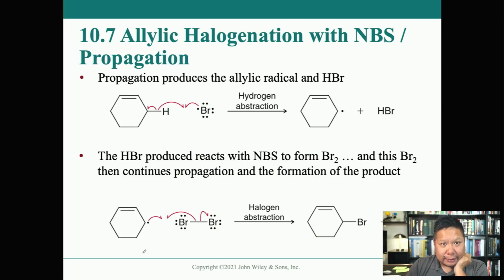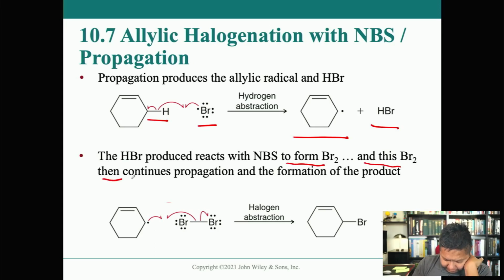So here we go. Propagation produces the allylic radical and the HBr, right? So we have our allylic radical happening there with the hydrogen abstraction, and the bromine radical from the NBS, and now we have the allylic radical and the HBr. And then the HBr produced reacts with the NBS to form Br2, and then this Br2 continues to propagate in the formation of the product.